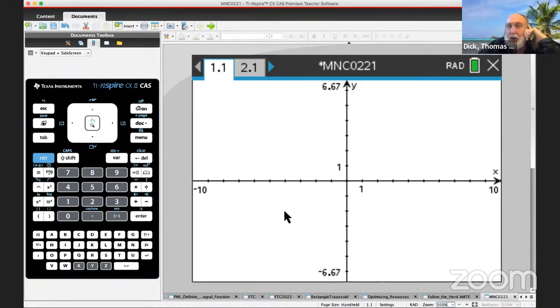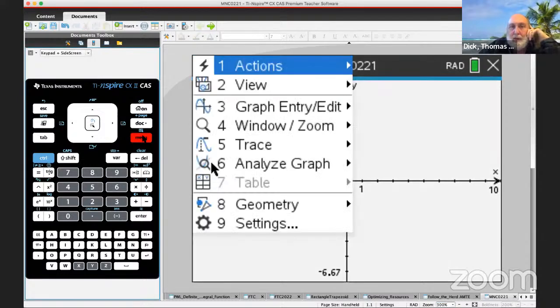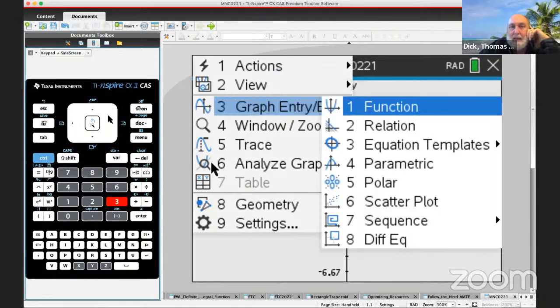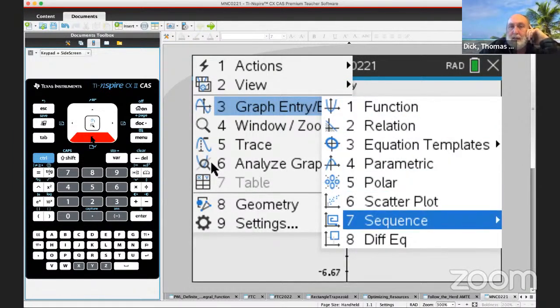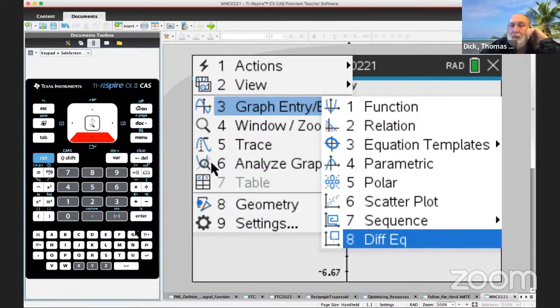Okay. So can you tell me, are we looking at the Nspire here? Is that showing up okay? Great. Okay. So I've just opened up a blank graphics screen. And so I'm going to go over to my menu and get over to Graph Entry Edit. And for slope fields and solutions to differential equations, we want to go to the differential equation plotter.